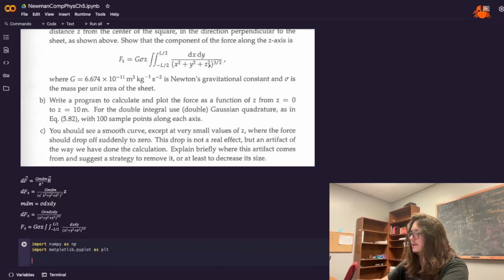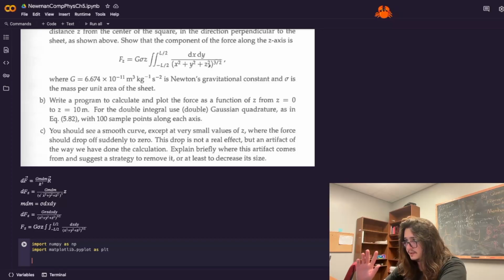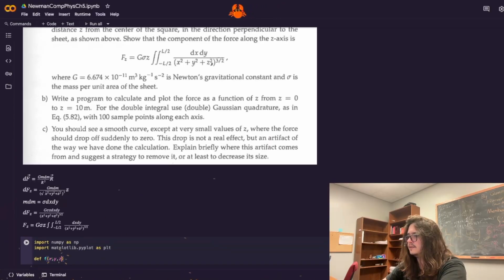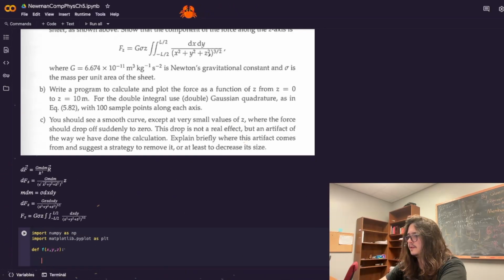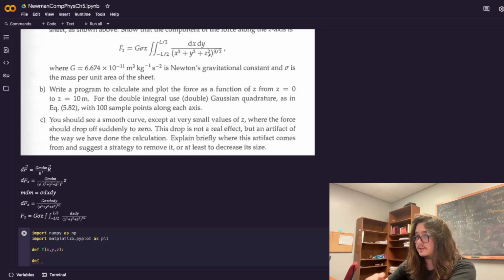We're going to have a function which represents the integrand itself, which I'm going to call lowercase f of x, y, z. We're also going to have a function which represents the first integral of the integrand with respect to x.